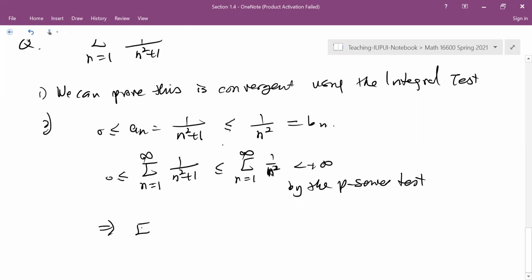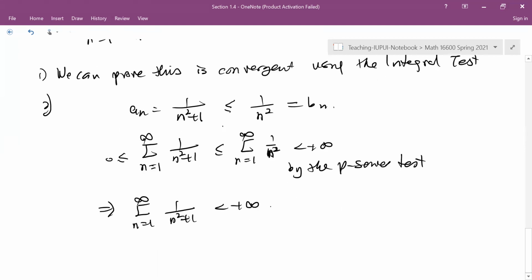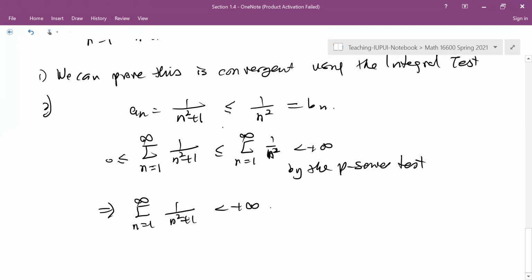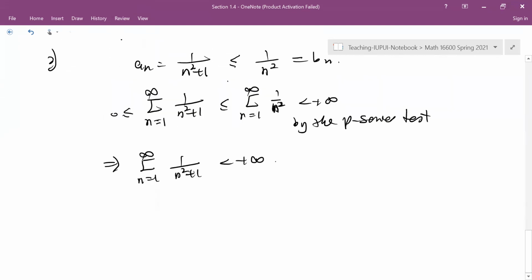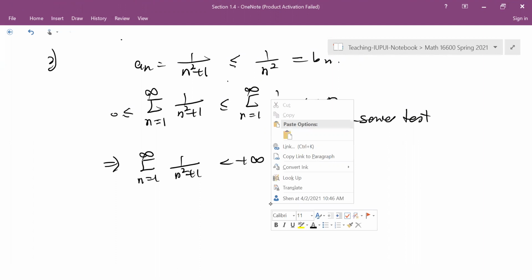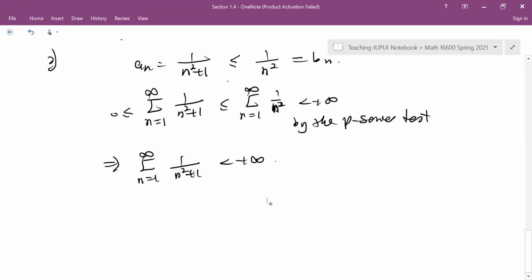So this is convergent. I think a comparison test is sometimes easier to use to prove it's convergent.